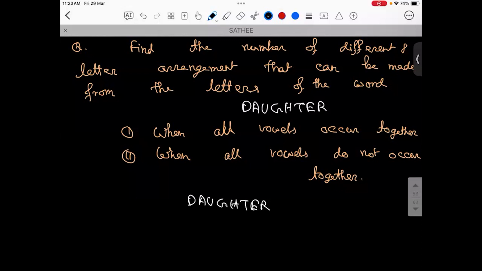There will be no gap of word. Like how? Here the vowels are A, E, and U. So we have only 3 vowels. Fine. Now these vowels will appear together.